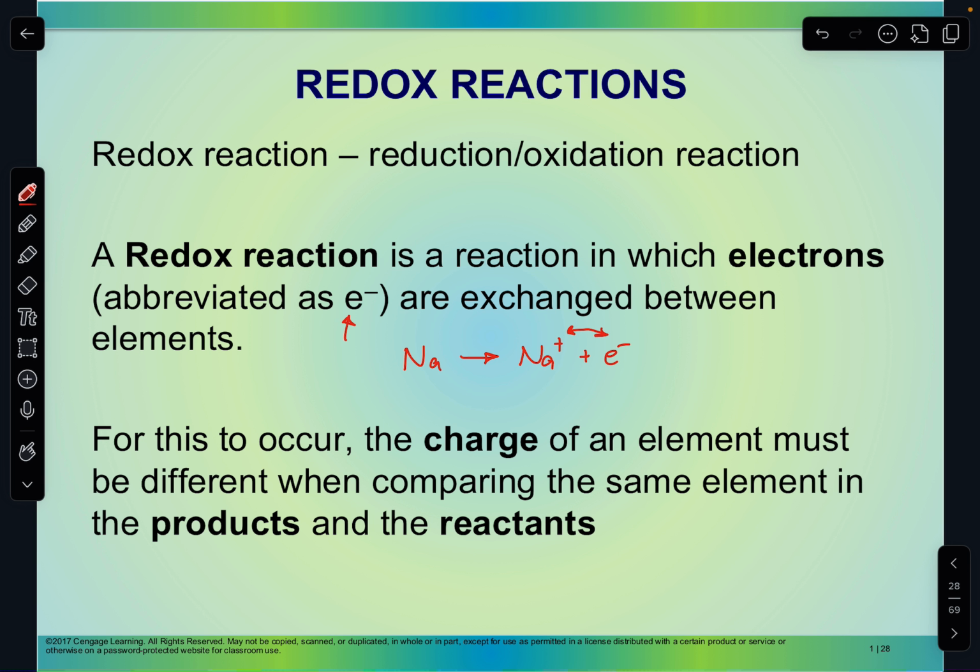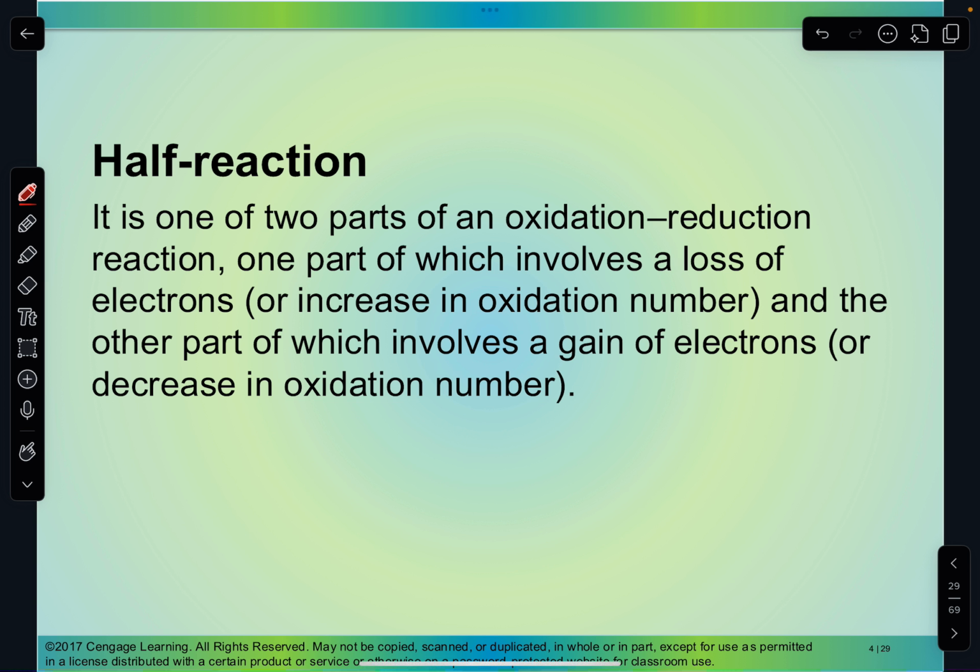For this to occur, the charge of an element must be different when comparing the same element in the products and reactants. So over here we have elemental sodium. Over here we have ionic sodium. It goes from a 0 to a +1. So the oxidation number has changed, which means that this is a redox reaction. A half reaction is what I just drew.